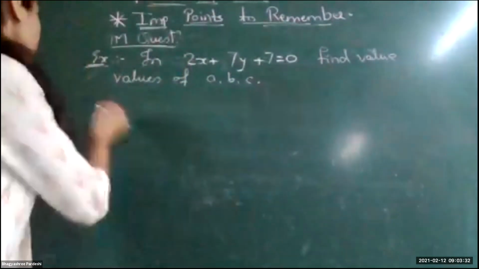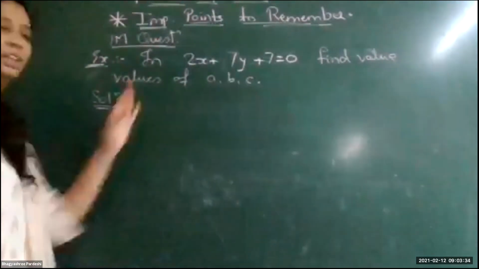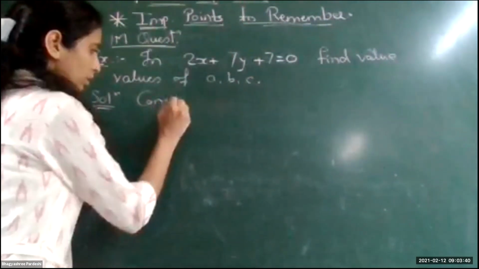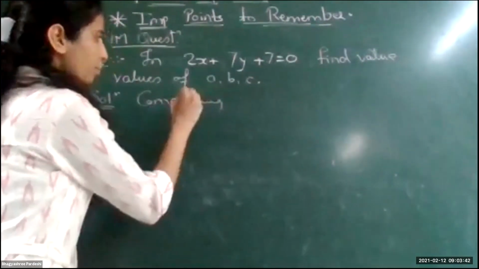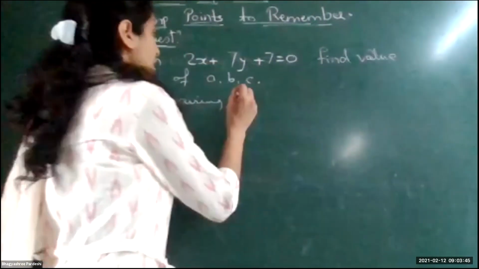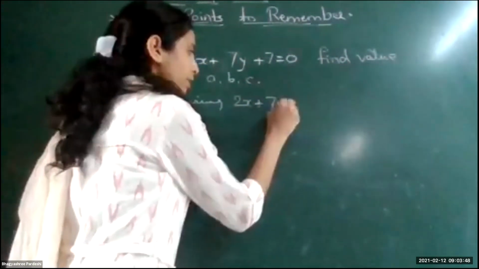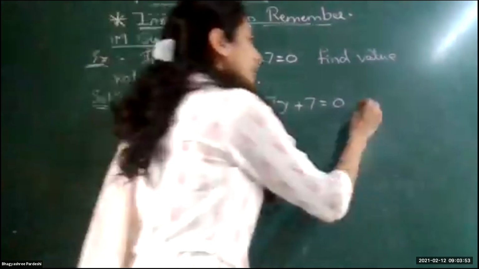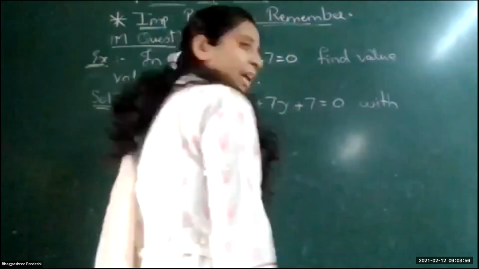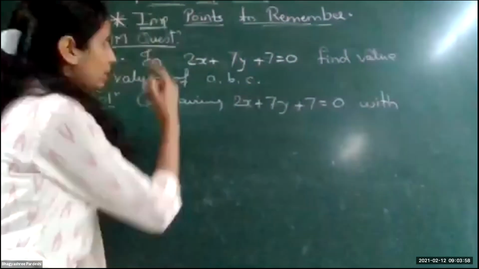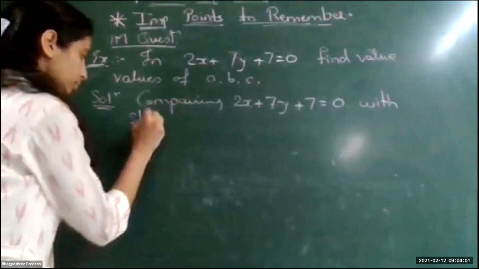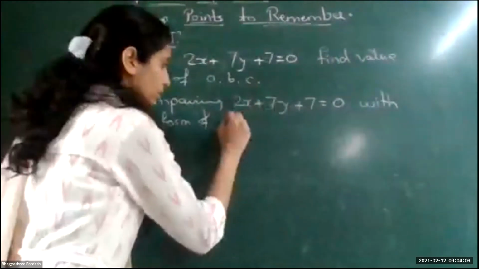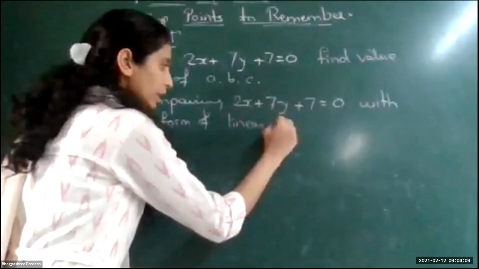The first and most important thing is to compare the given equation, 2x plus 7y plus 7 equals 0, with the standard form of linear equation.